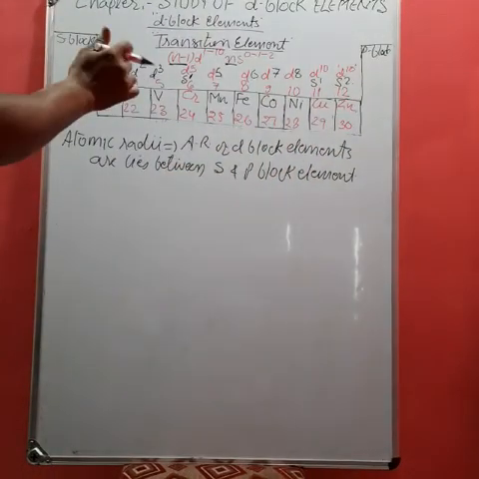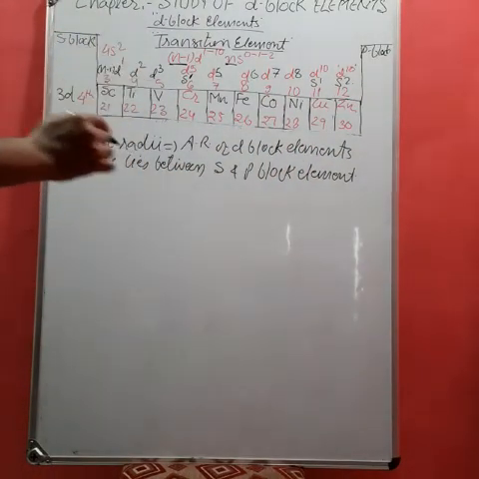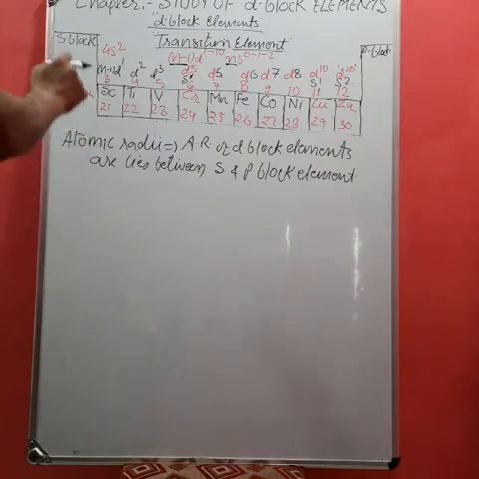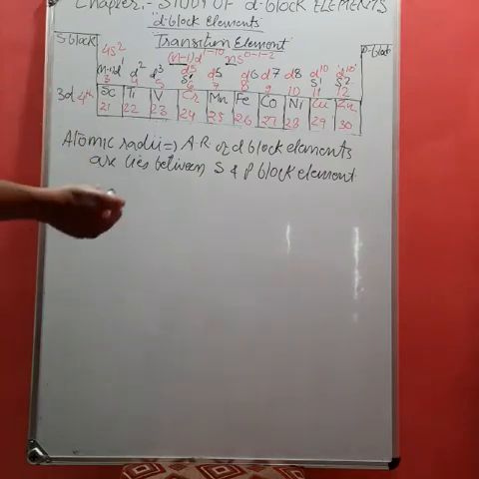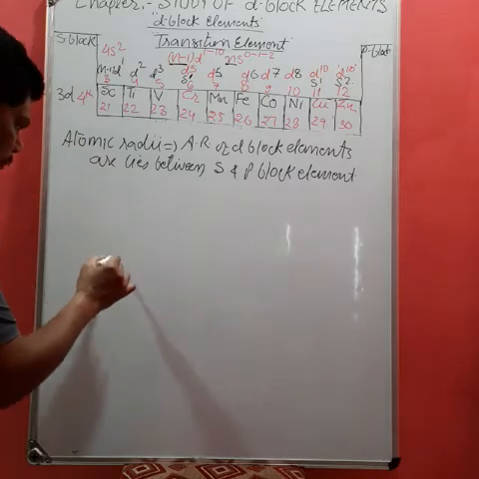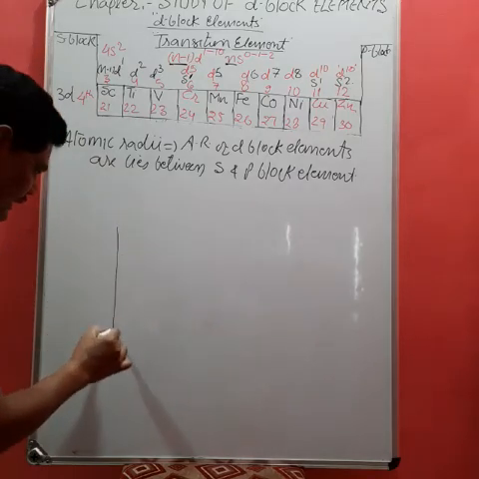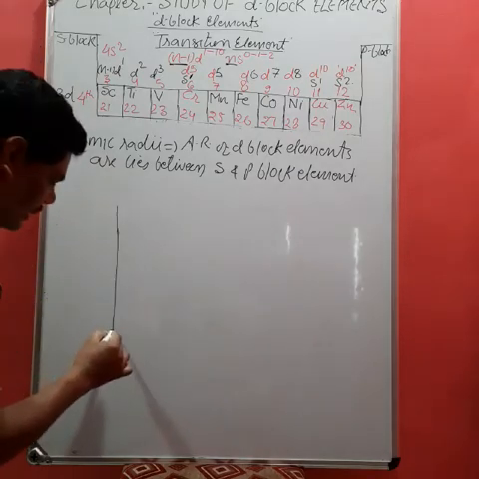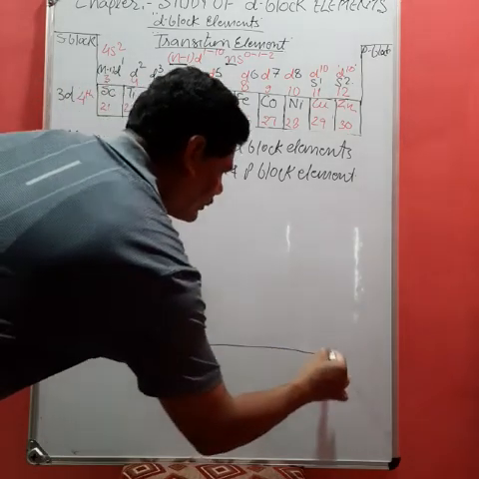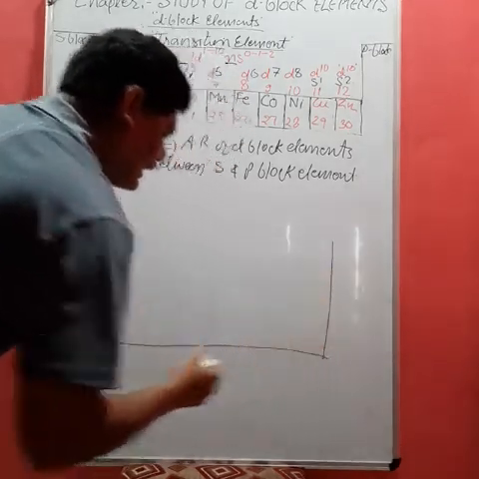But if we discuss element to element for 3D series, 4D series, 5D series, etc., then we have to plot a graph. Like here, we can plot a graph for 10 elements.